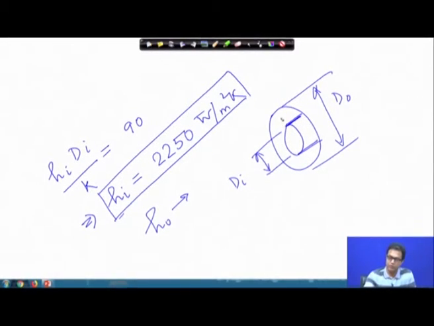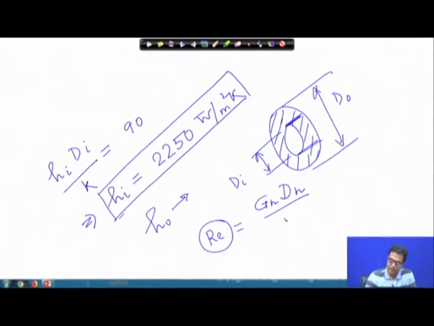Before going into that, we need to find out the Reynolds number for this annular space. Again, this is the G of the hot fluid and d_H of this annular space. What is the hydraulic diameter corresponding to that annular space? Let us try to find out that value also.